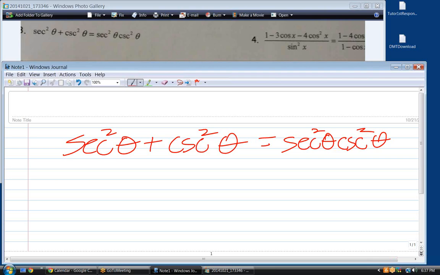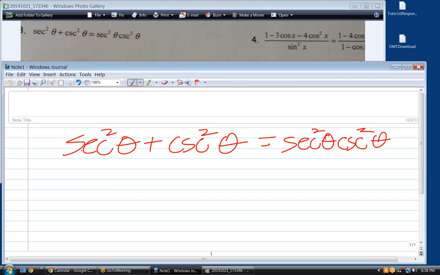I can turn cosecant squared into cotangent squared plus 1. That also doesn't help. So this is actually the perfect problem to turn everything into sines and cosines. Let's do the left side only, turning it into sines and cosines, and see what happens.